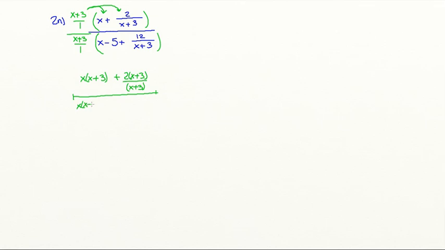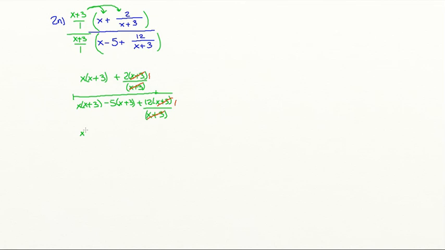x times x plus 3 minus 5 times x plus 3 plus 12 times x plus 3, a bit longer, over x plus 3. I'm going to reduce x plus 3 divided by x plus 3 equals 1.